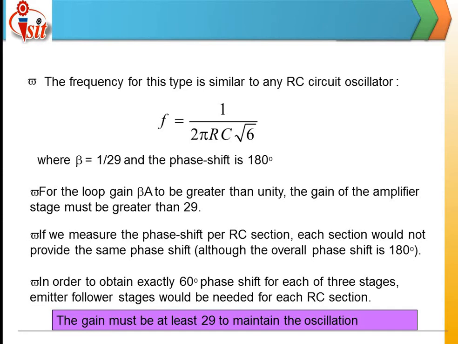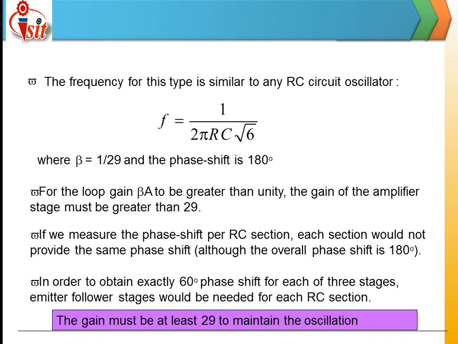For the loop gain beta A to be greater than unity, the gain of the amplifier stage must be greater than 29. If we measure the phase shift per RC section, each section would not provide the same phase shift. Although the overall phase shift is 180 degree, in order to obtain exactly 60 degree phase shift for each of these stages, emitter follower stages would be needed for each RC section.